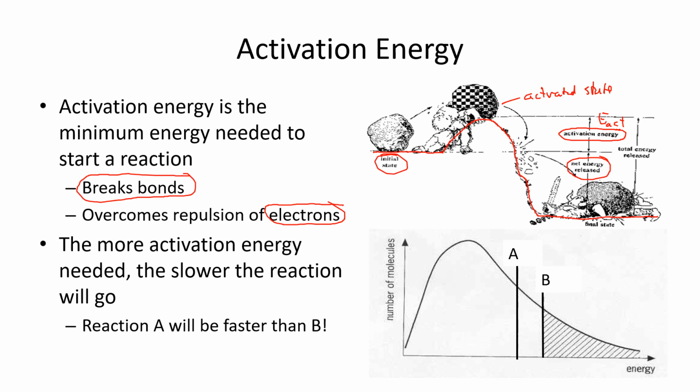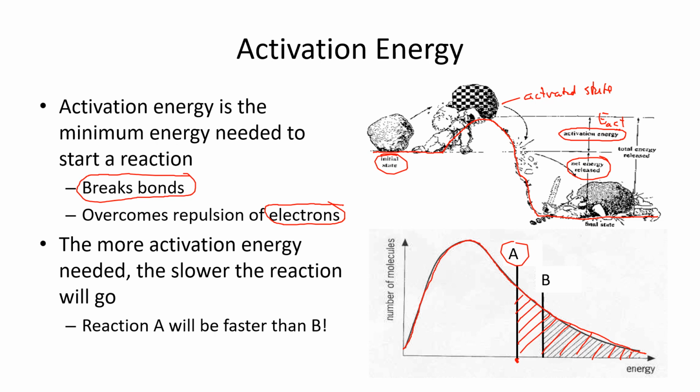Now, remember that all the particles inside a reaction are not all moving with the same speed. When you look at different amounts of activation energy, there's going to be a different number of particles that have that amount. So if this curve represents all the particles in a sample, and sample A reacts with a lower amount of activation energy, all the particles under the line here would react.